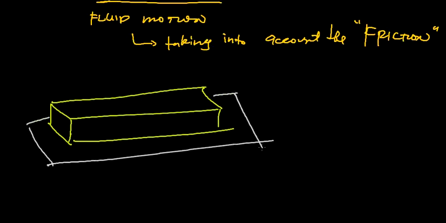So this is the table, and this is actually the setup, and it has something like a paddle here, and this is being rotated to make a flow inside this setup.